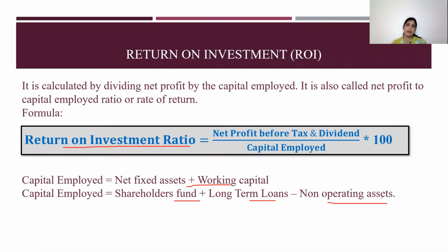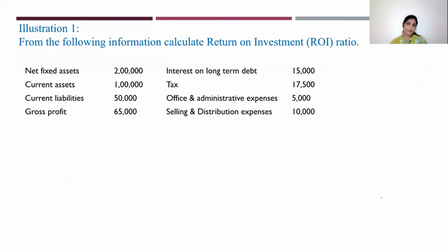non-operating assets. Those who have completed financial management, all of you know how to find out net profit before tax and dividend. It's not difficult. I'll be explaining it here. So I have given a problem over here. Take down this. From the following information, calculate return on investment, ROI ratio.